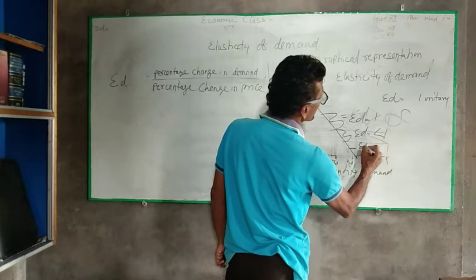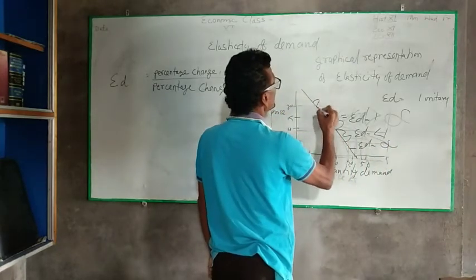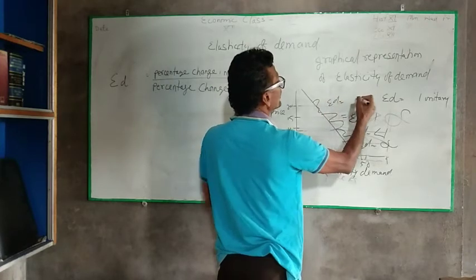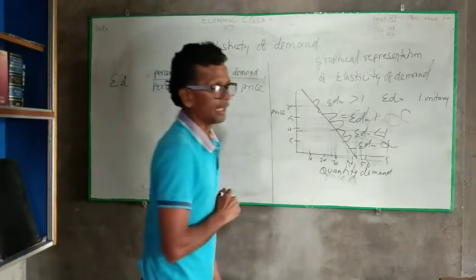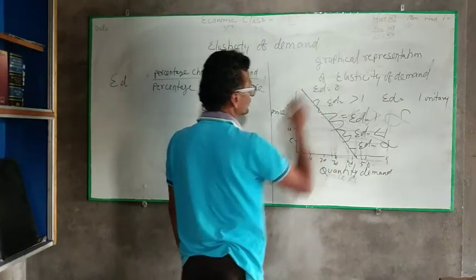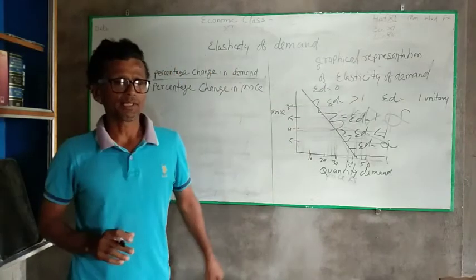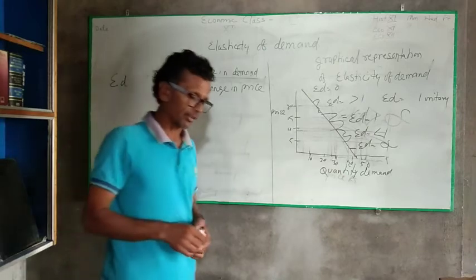Here elasticity of demand equals to infinite. Here elasticity of demand is more than 1, and here fully elastic, inelastic demand, elasticity of demand equals to 0. So by slope we can identify what type of elasticity it is.